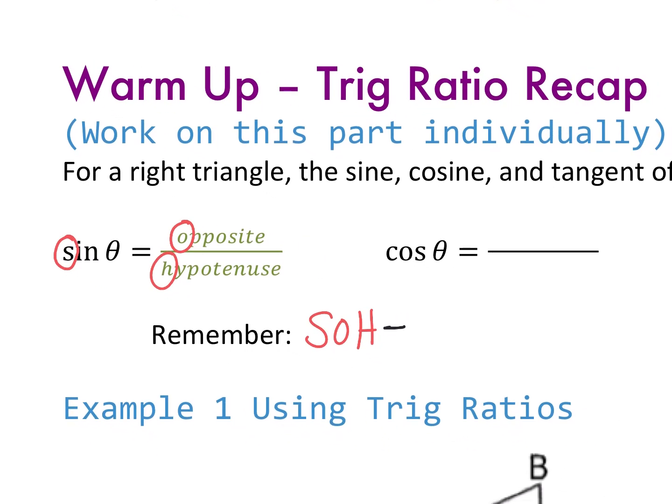CAH comes from the idea that the cosine of an angle theta can be built out of the ratio of stacking your adjacent side, so the side next to theta, over the hypotenuse. So cosine is always your adjacent over your hypotenuse, so that's our CAH.